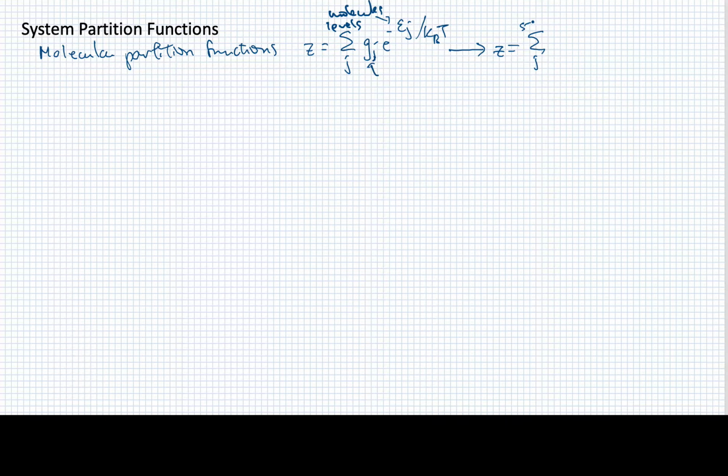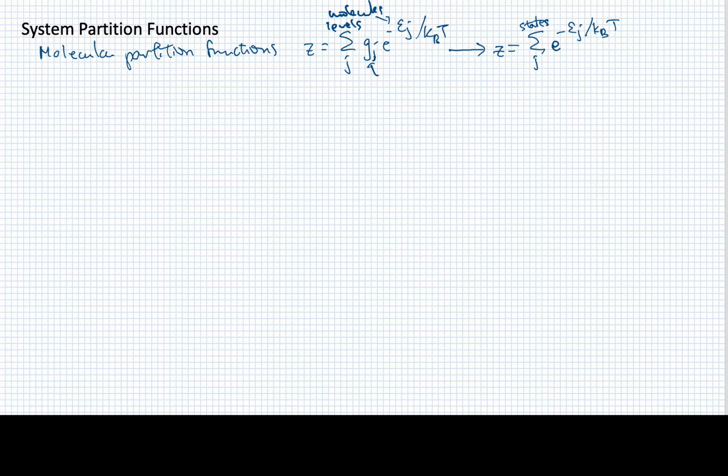So now each state has an energy. Some of those states have the same energy as another state, but it's not going to matter because we're going to be summing over all of the states. So it's a little bit of a subtle change. But by making that change, now I don't have to worry about that factor for the degeneracy. It's implicitly included now because I may have more than one term in this sum that actually corresponds to the same energy.